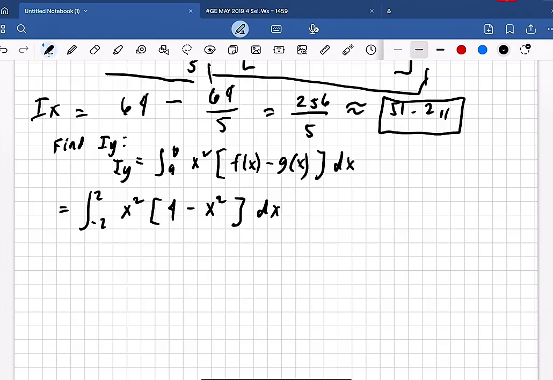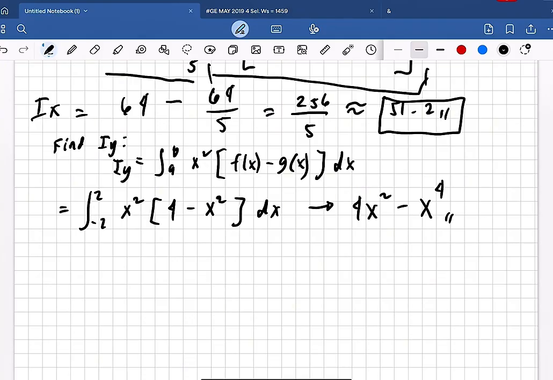Then multiply term by term: x squared multiplied by 4 is 4x squared, minus x squared multiplied by x squared, which is x raised to 4.